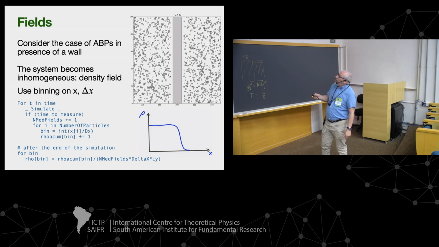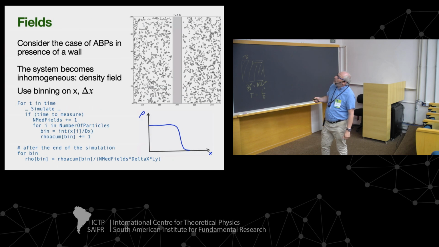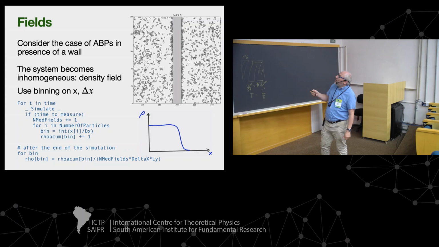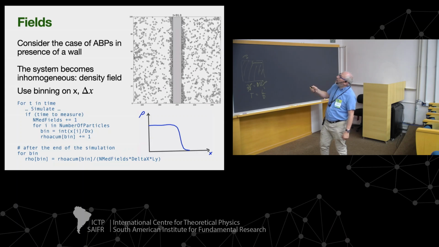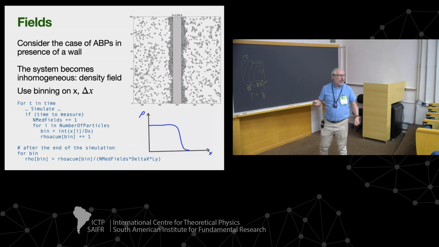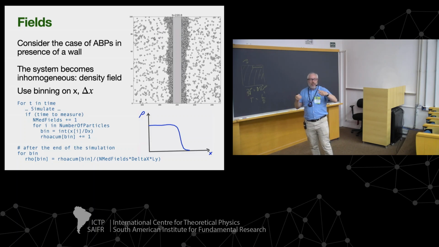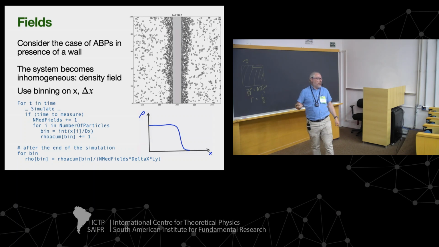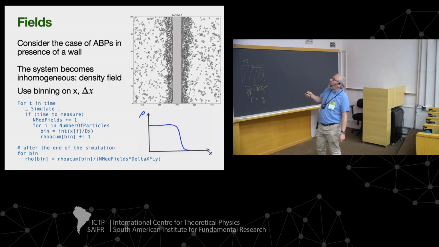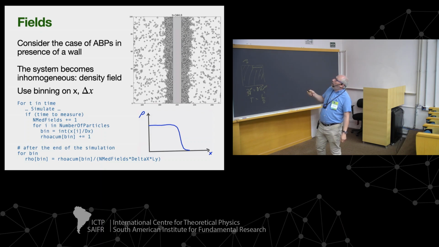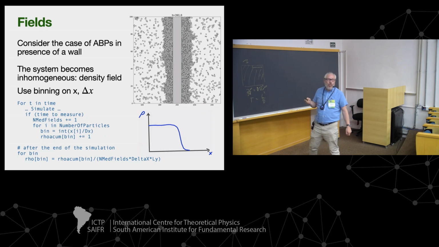So here, I want to run the simulation because it's fun. Here we have AVPs. There's a hard wall, so on top of all potentials between the particles, we have a potential with a wall. There is a repulsive potential, so particles cannot enter into the wall. And because they are persistent, they accumulate on the wall.